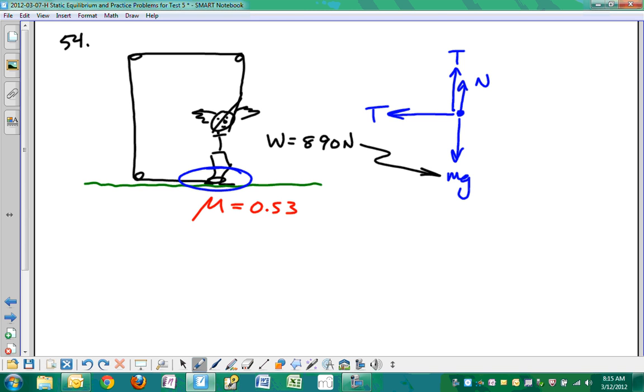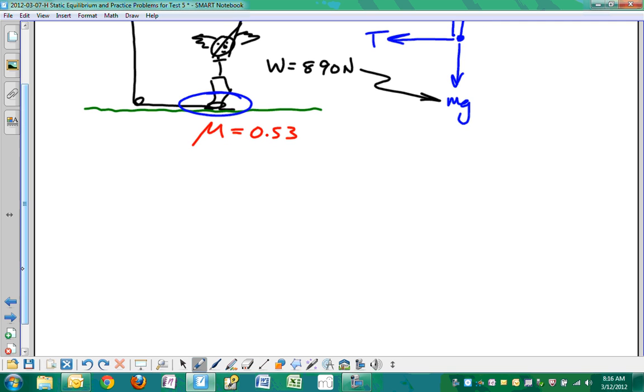Okay? So now, we're trying to solve for what? We want the tension to be equal to what? Let's think about it. We're trying to solve for the point, or that tension, where what happens?